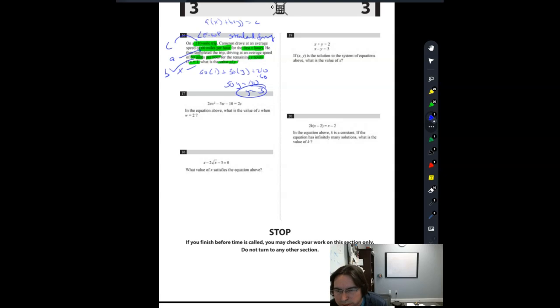Okay, we got this quadratic. We see that the question is what is the value of z when w equals 2, so we're just going to plug that in. So now we got 2z times 2 squared minus 3 times 2 minus 10 equals 2z. So that's going to give me 4, negative 6. So that's going to give me 8z minus 6 minus 10, which is negative 16, equals 2z.